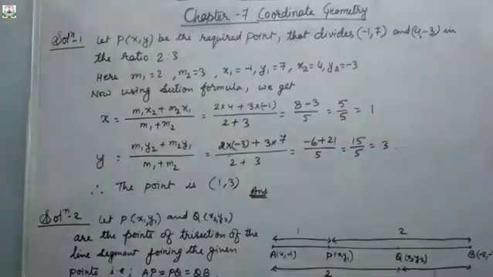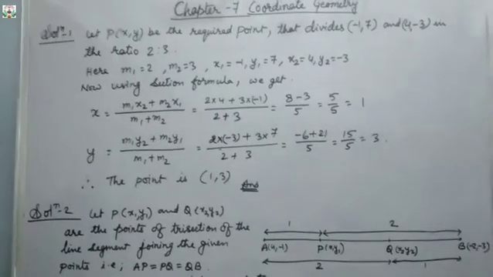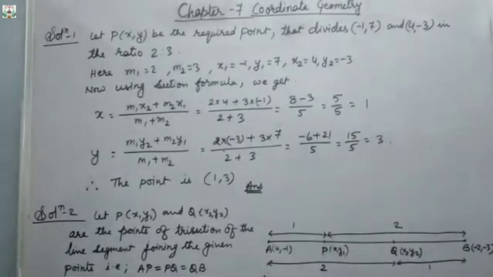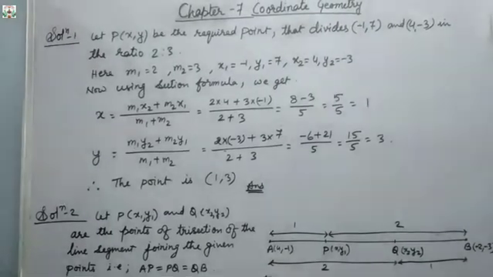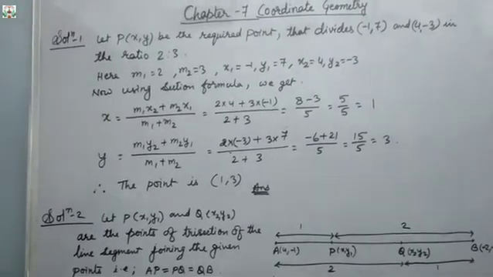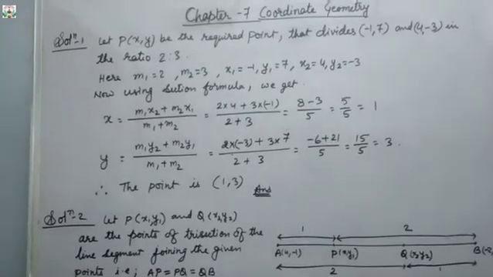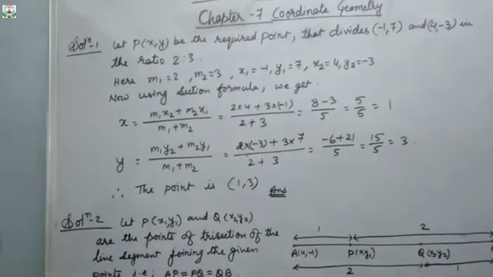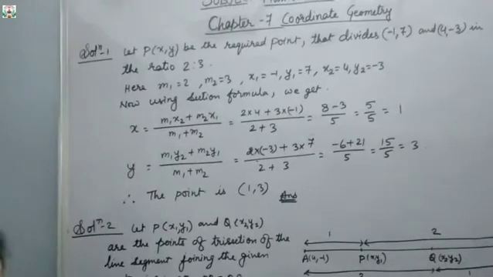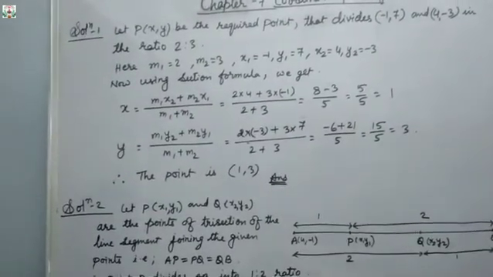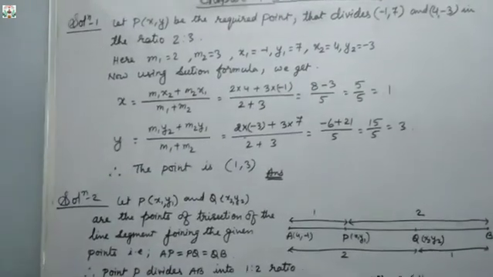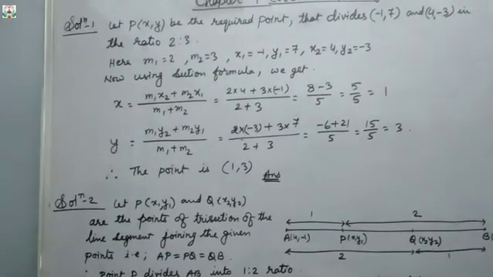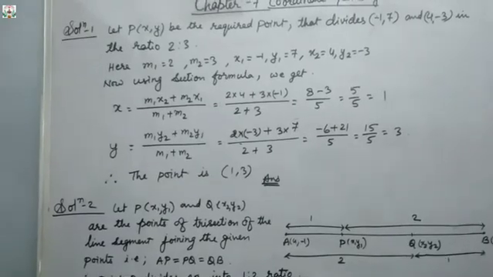Now see exercise 7.2, first question. Find the coordinates of the point which divides the join of the points (-1, 7) and (4, -3) in the ratio 2:3.